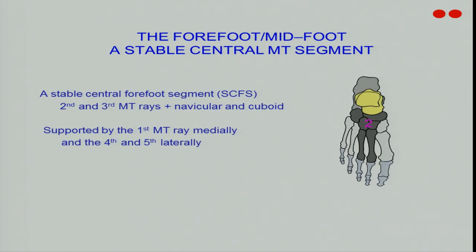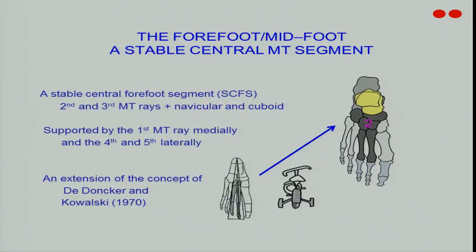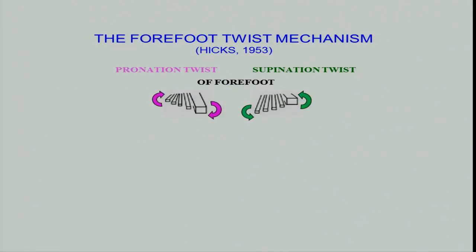This, as described by Dodonko and Kowalski, meant that the first metatarsal ray was a supporting metatarsal on the medial side, and the fourth and fifth did the same laterally, just like a little tricycle. Now, when you come to look at the forefoot twist, of course, this was for sloping ground.